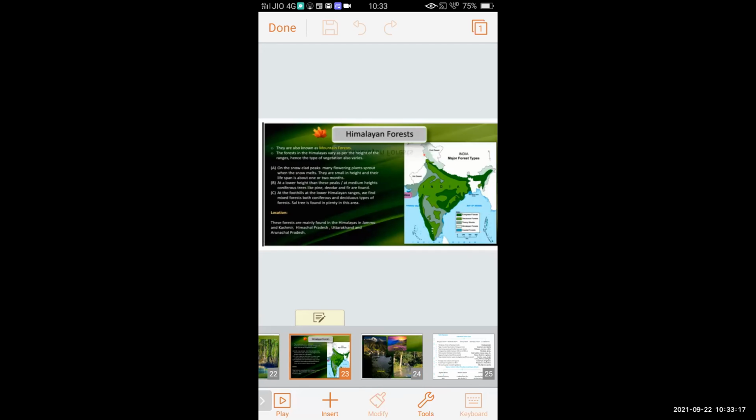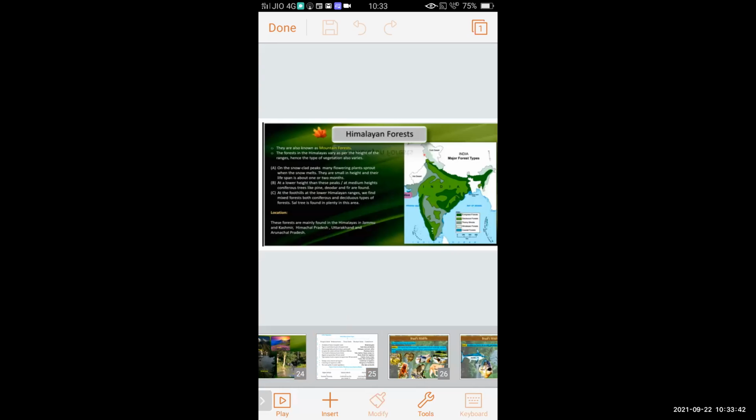At the medium height, coniferous trees like pine, deodar, and fir are found. At the foothills, the lower Himalayan ranges, we find mixed forests, both coniferous and deciduous. Sal tree is found in plenty in this area. These forests are mainly found in the Himalayas in Jammu and Kashmir, Himachal Pradesh, Uttarakhand, and Arunachal Pradesh.